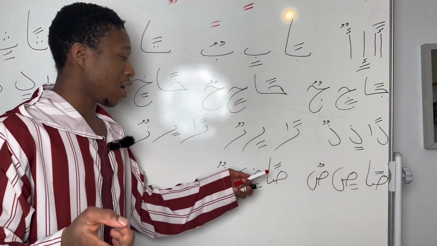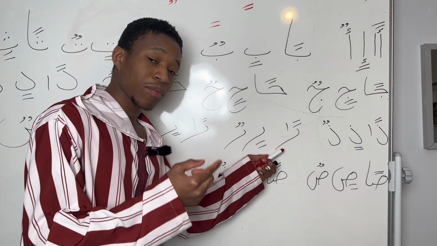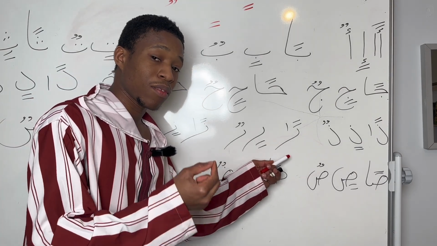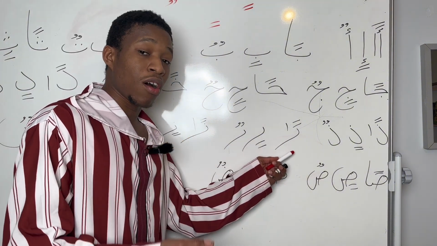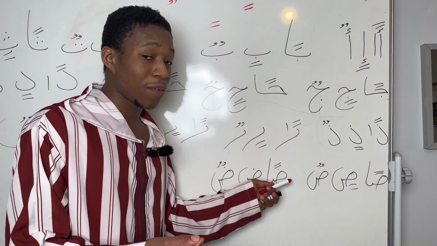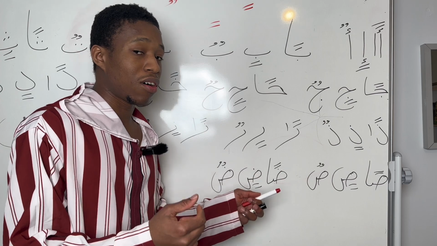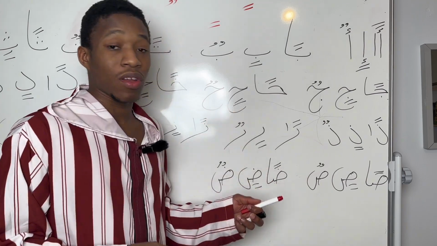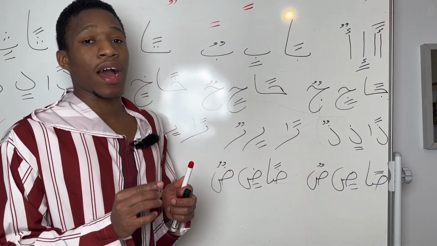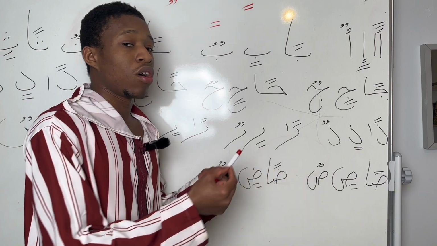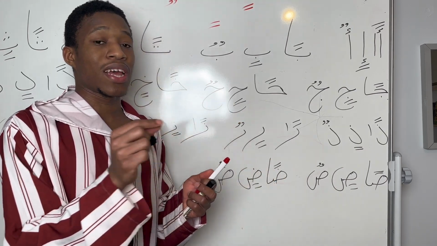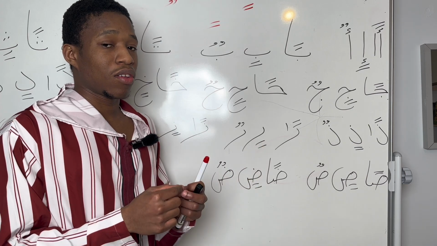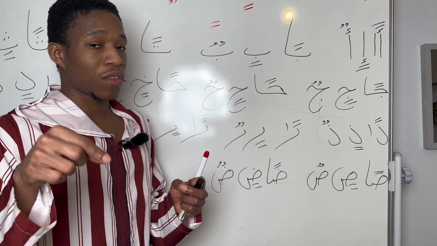Can we try ra again? Go ahead. Good. Now it's my turn. Ra fathatan, run. Okay, don't say ra with an A sound, like the O sound. The full mouth letters have the O sound. Ra, kha, qaf, swad. Do you understand? Not the A sound. Don't put an A sound after the ra.